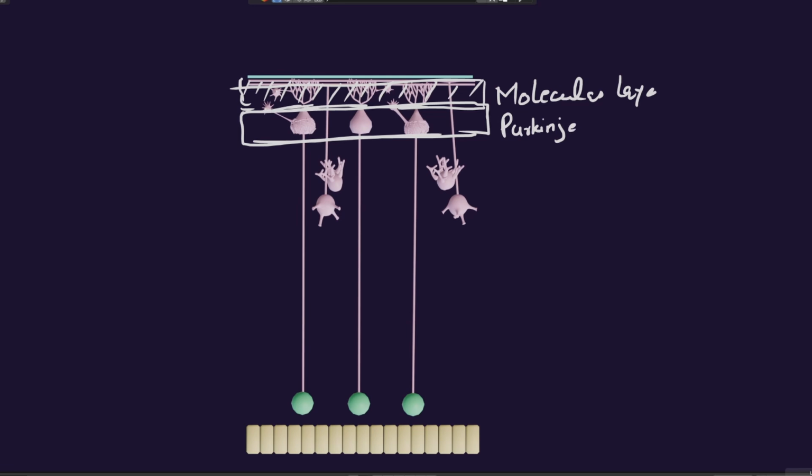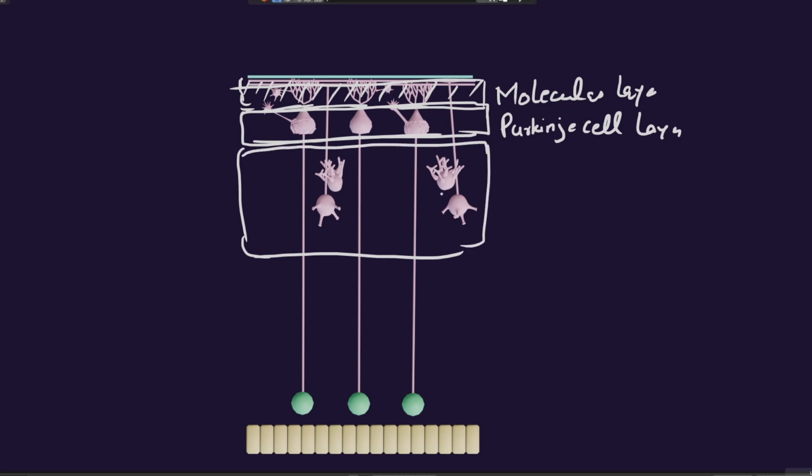It's very logical to call it Purkinje. And then the last one consists mainly of granule cells, and of course we have the Golgi cells.